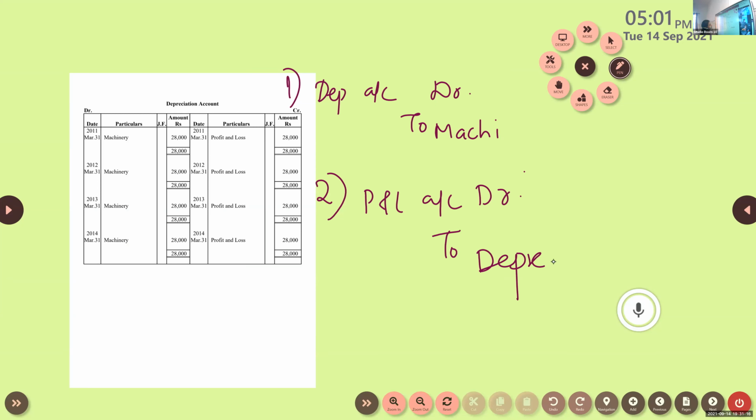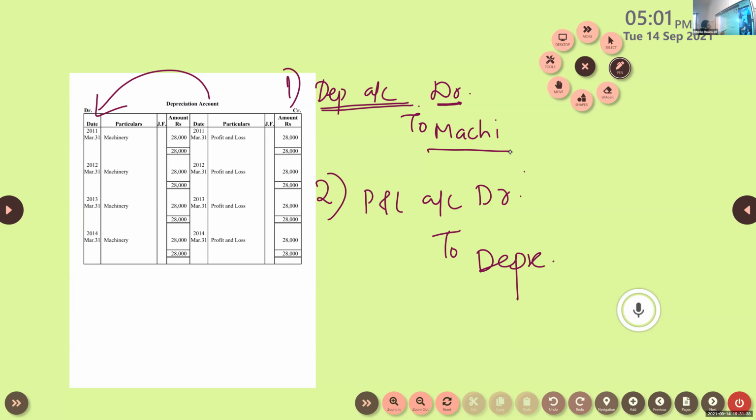Yes, that's it. It is the depreciation account. Now, what is depreciation account done in the first entry? It is debited. Come to the debit side. What do you write? To machinery.